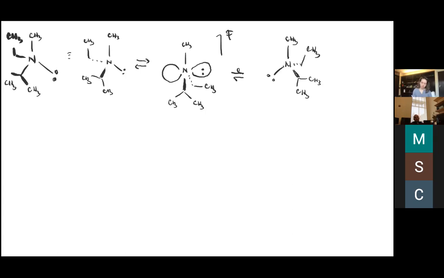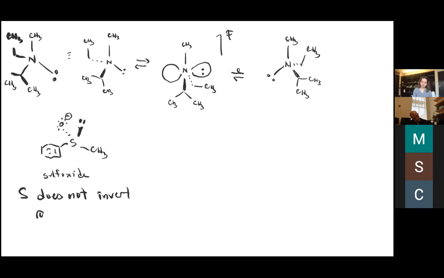Other molecules that have lone pairs but are chiral, for example, are sulfoxides. So sulfur does not readily invert at room temperature.